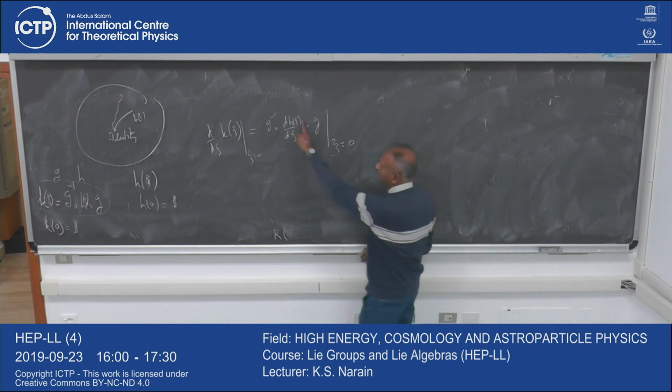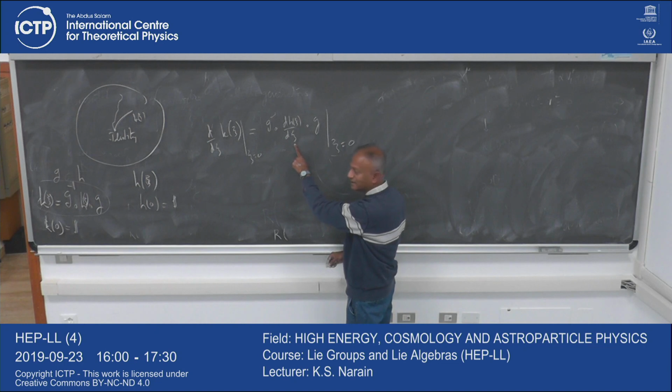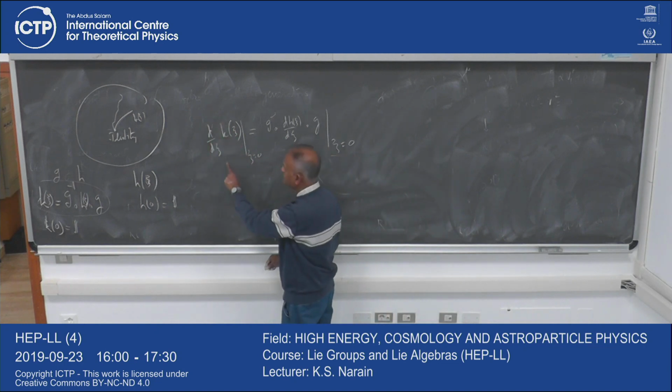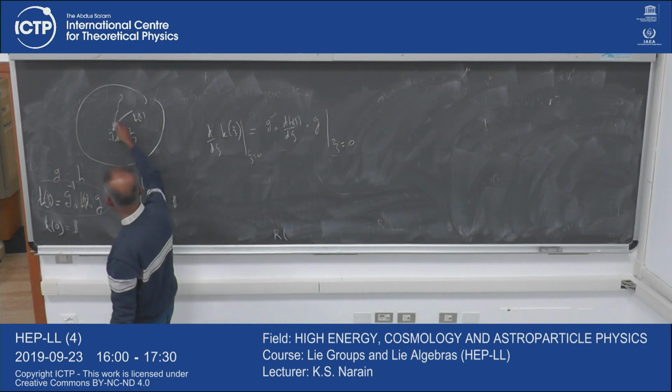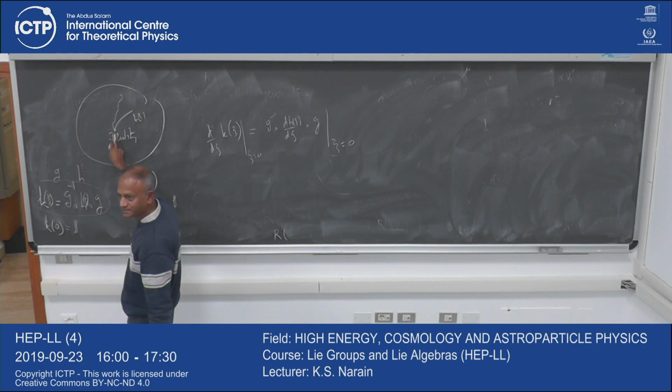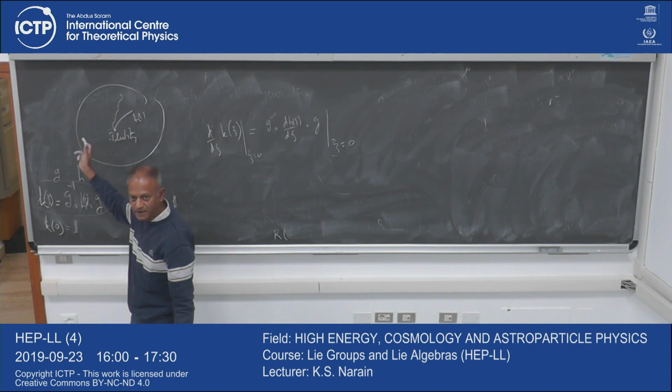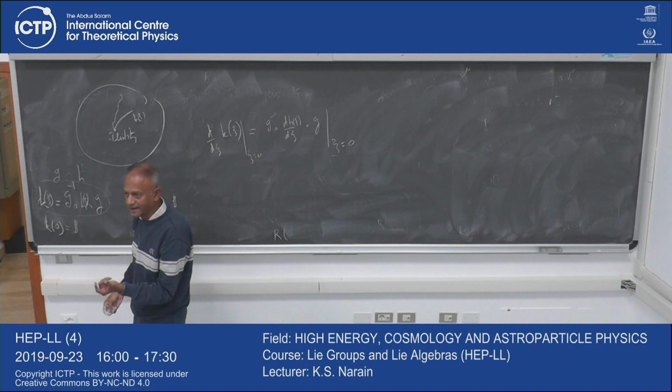When I do that, I get a Lie algebra element here. And this is also going to be an algebra element because K had exactly the same property. It's an element of the group with the condition that K of 0 is identity. So when I make a Taylor expansion around that, I'm going to get again an algebra element.